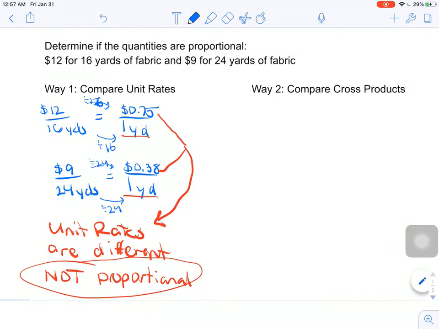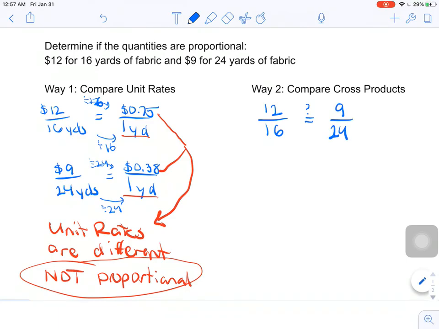So if the rates really are the same, if I multiply diagonally, I should get the same answer both directions. And if I don't, I know it's not proportional. So that would be way 2, to take this and set it up as a proportion. And I'm going to put a question mark here because we don't know for sure if 12 over 16 is equal to 9 over 24.